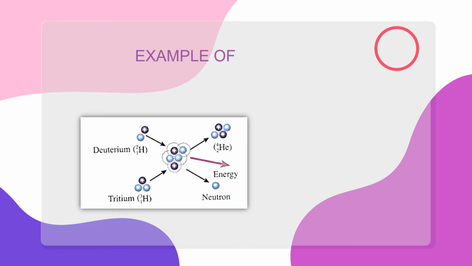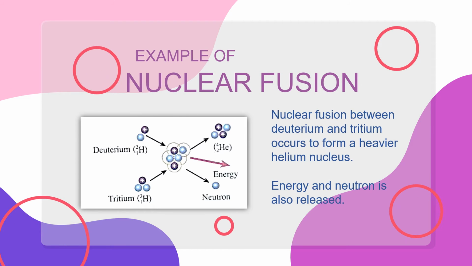An example of nuclear fusion is when a deuterium atom and a tritium atom fuse to produce helium-4, a process known as deuterium-tritium fusion. As shown, fusion of deuterium and tritium to give helium and a neutron releases an enormous amount of energy.